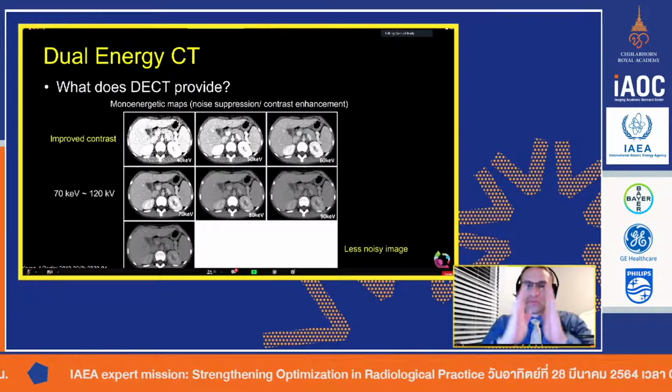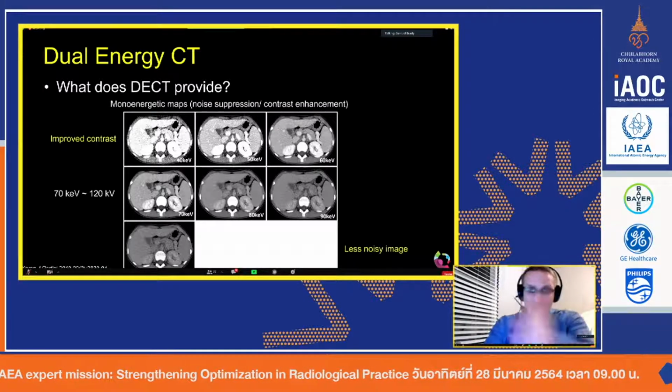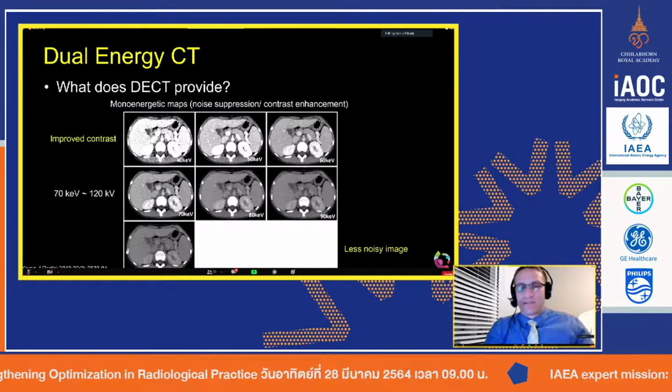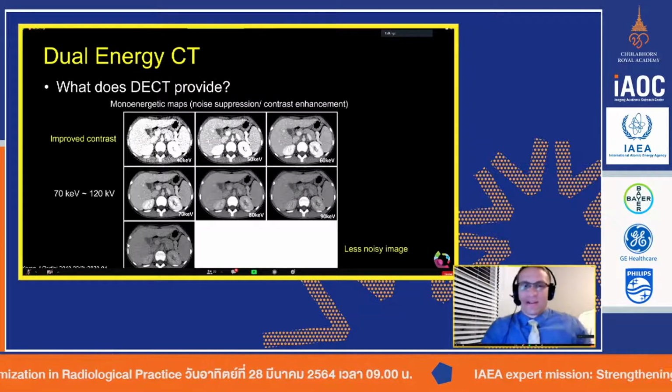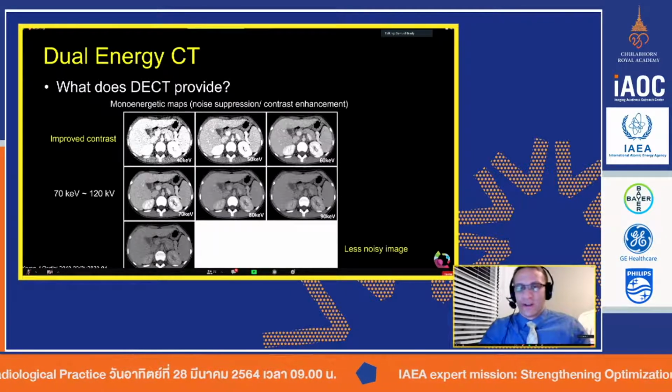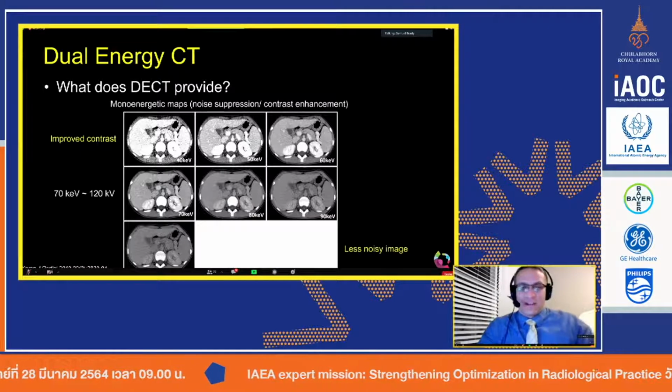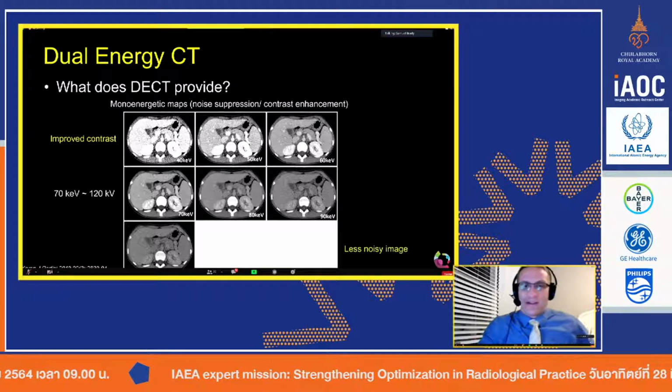A true monochromatic image would look like each one of these images, but we don't do that. There is such a thing as synchrotron radiation, and we can image with that, but that's just not what we do in the clinic. It's academic. We don't even think about that.